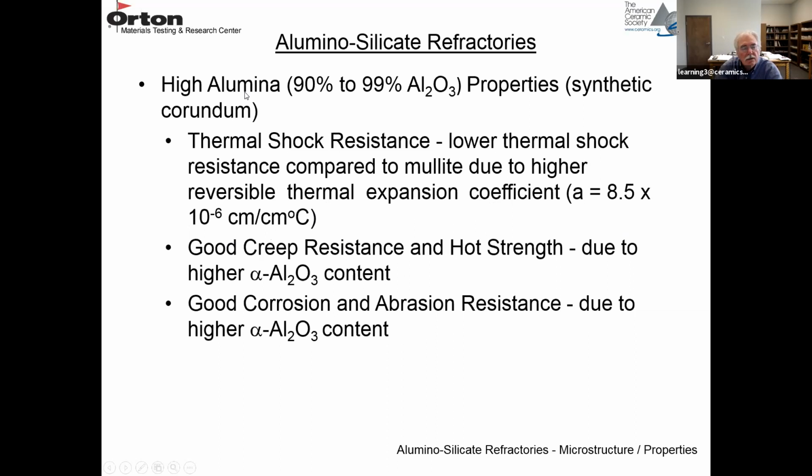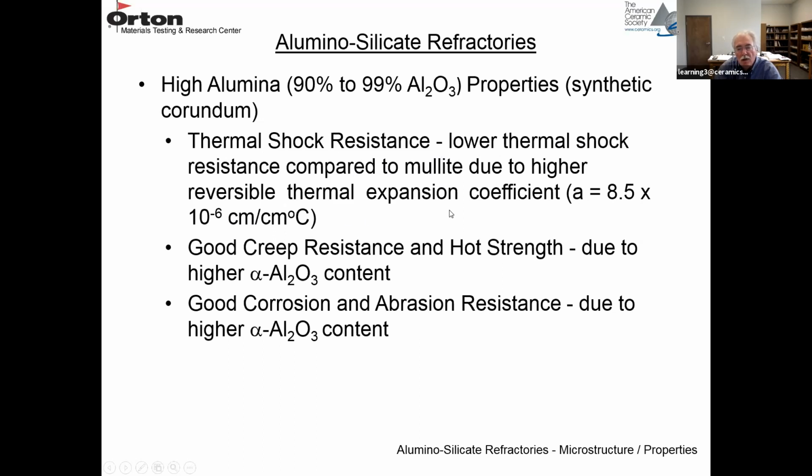And then the very high aluminum materials, up to 99% alumina, made with synthetic corundum. For the thermal shock resistance, it's got a lower thermal shock resistance compared to the mullite refractories we just discussed, because the thermal expansion coefficient is now 8.5 times 10 to the minus 6.